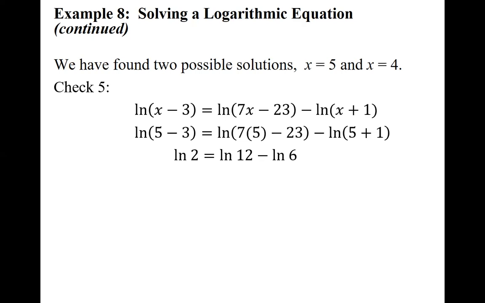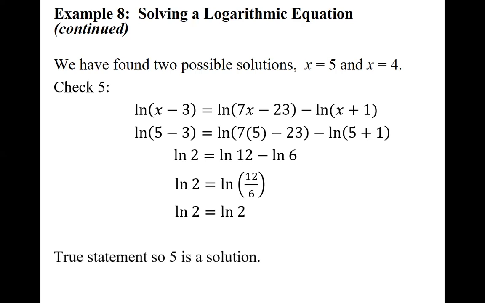Take quotients on the right to condense that into a single natural log. Natural log of 12 over 6, which is 2. We have the natural log of 2 equals the natural log of 2, so that one checks.